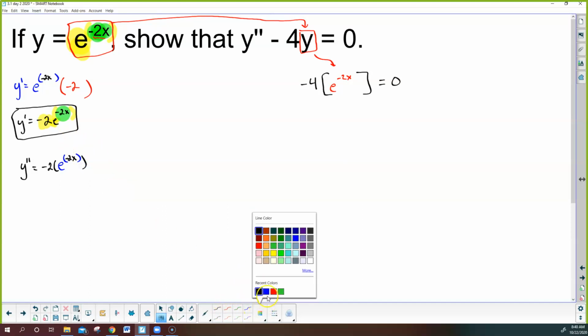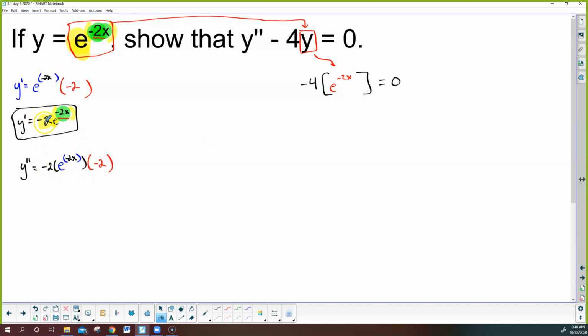And then I'm going to multiply by the derivative of the inside, which, the derivative of negative 2x, is negative 2. And then that original negative 2 times the chain rule negative 2 can be combined together. A negative 2 times a negative 2 is a positive 4 e to the minus 2x. So here's the second derivative.